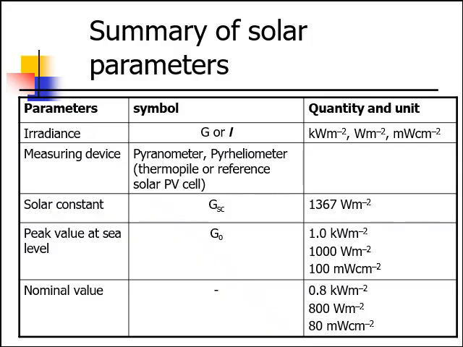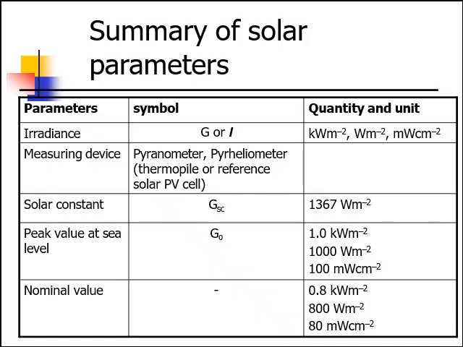That's the most used unit. Some people use kilowatt hour, and some would like to calculate in kilojoule or megajoule. The measuring devices we have learned are mostly two types: the pyranometer to capture the global irradiation, and the pyrheliometer to capture the direct solar irradiation.